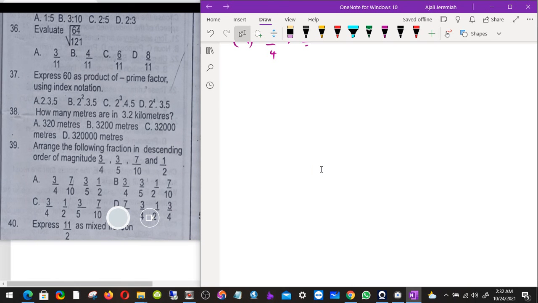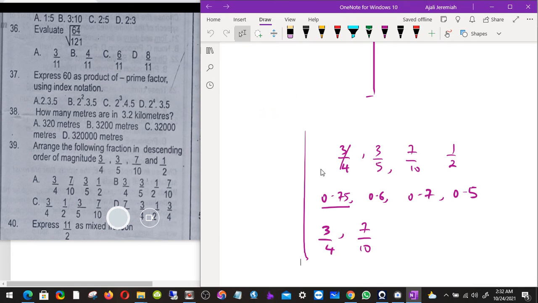Okay, let's go from 39. 3/4, 3/5, 7/10, 1/2. So okay, on dividing we have these values.